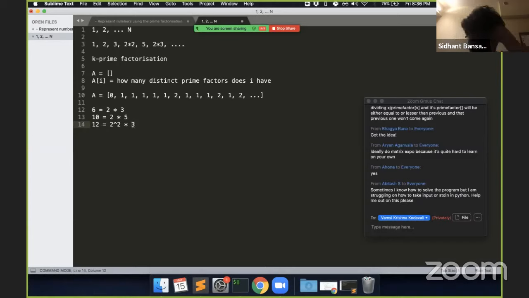Abhilash is asking, I'm struggling, and so on. Abhilash, honestly, I would recommend you switch from Python to C++, Java or something of that sort. I'm personally not that confident in Python, so I don't know how you take input in Python. There is raw_input to take input in Python, and then you have to typecast the strings to integers.